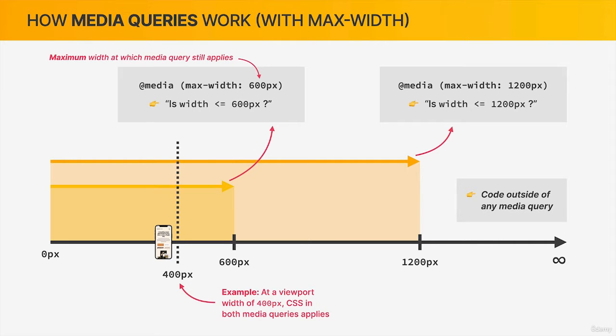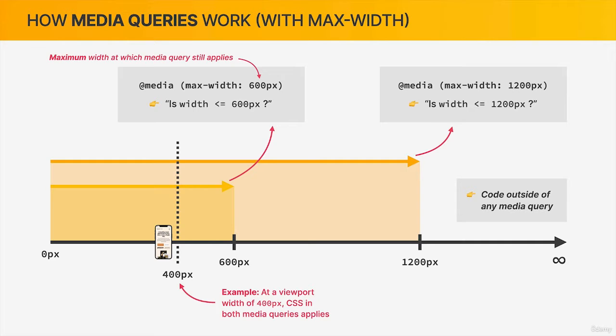So these 400 pixels are less than 600 pixels, and they're also less than 1200 pixels. And so the code in both media queries will be applied. Now, if you have conflicting CSS declarations in these queries, which is in fact usually the case, then the one which appears last in the code is the one that will apply.